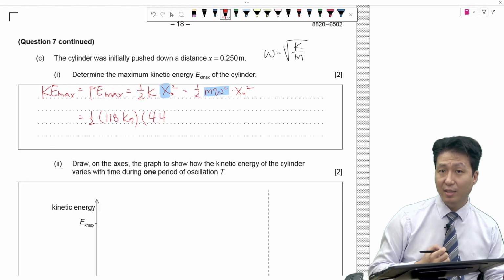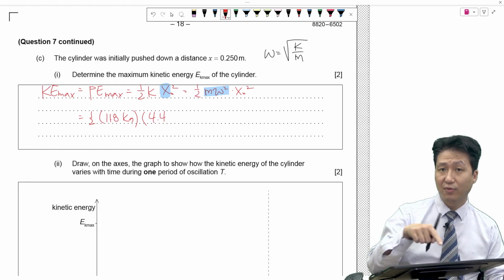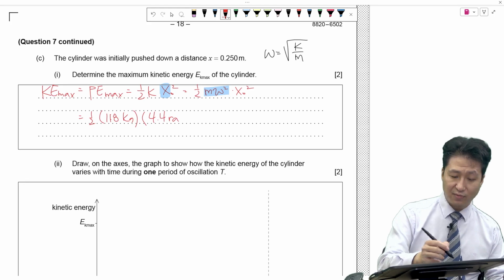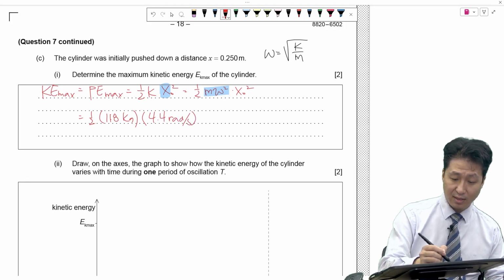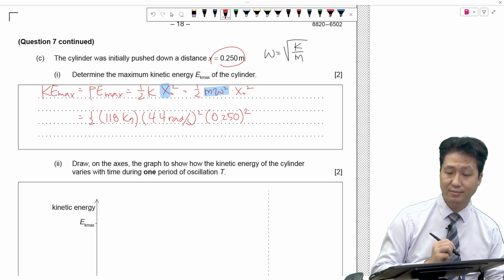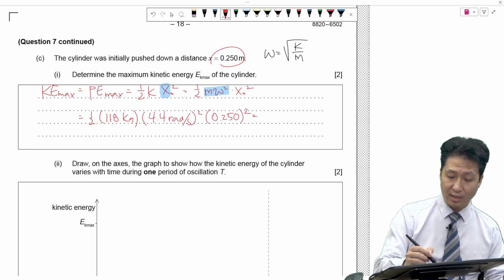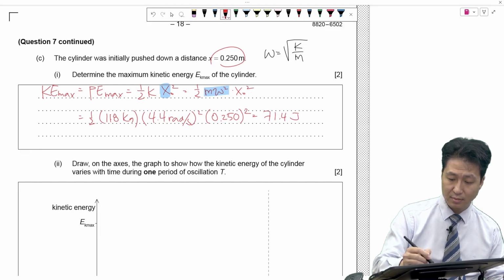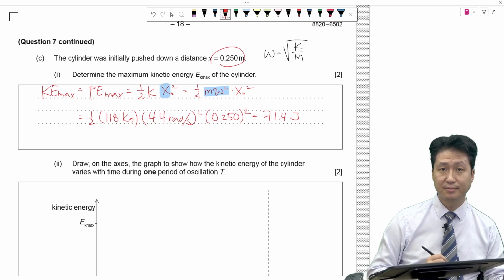Now here's the thing, you can use 4.4 or 4.43. If you use 4.4 radians per second and you square this and then multiply by 0.250, also squared, you would get about 71.4 joules.